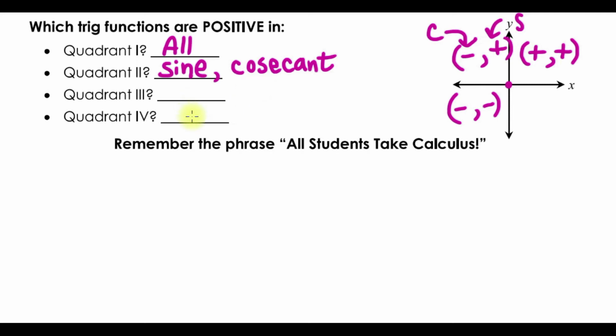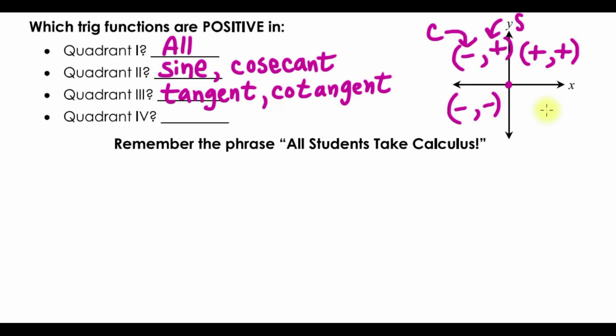So that means tangent is the only thing positive, because with tangent you end up dividing, right? When you take negative divided by negative, it turns positive. So tangent is positive. And then what is the reciprocal of tangent? Well, it's cotangent. Those are the two trig functions that are positive in the third quadrant.